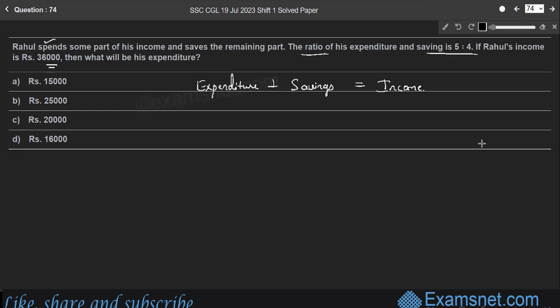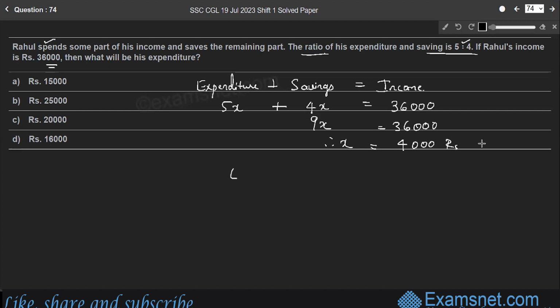Here the expenditure to savings ratio is given as 5:4. Therefore, we'll consider 5x as his expenditure and 4x as his savings, which is equal to his total income, which is 36,000. Therefore, 9x is equal to 36,000. Therefore, the value of x is 4,000 rupees, since 9 into 4 is 36.